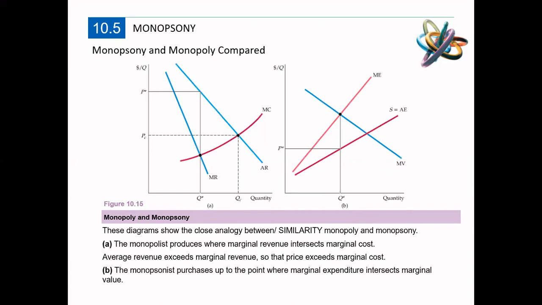The monopoly produces where marginal revenue intersects with marginal cost, and the monopsony purchases at the point where the marginal expenditure intersects with the marginal value. So we practiced the monopoly, the regulatory body, the antitrust law, natural monopoly, and thank you for listening.